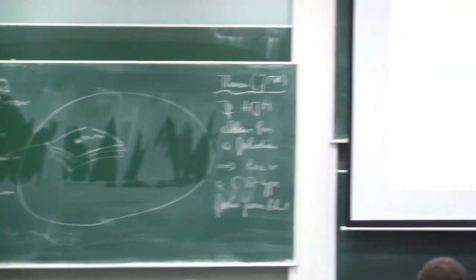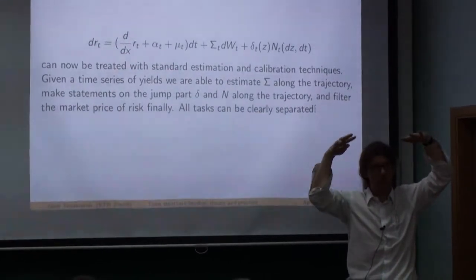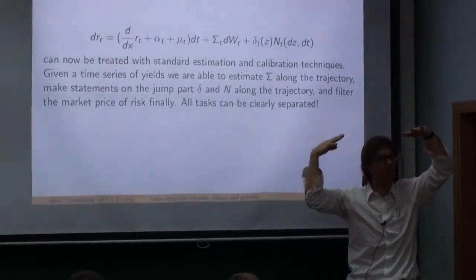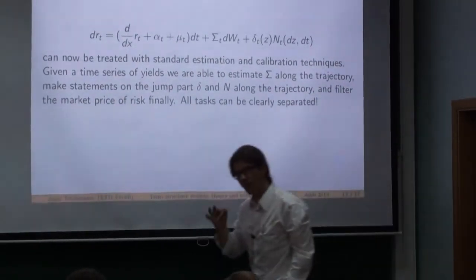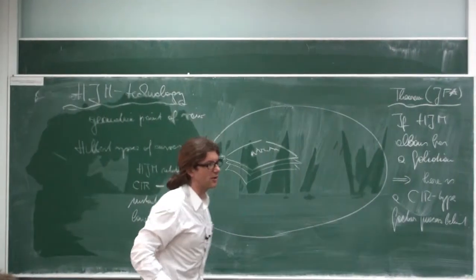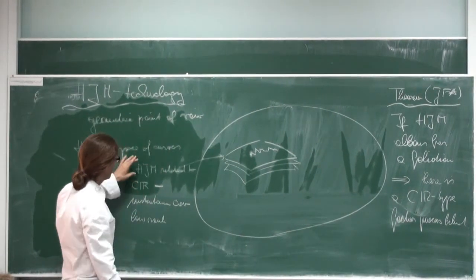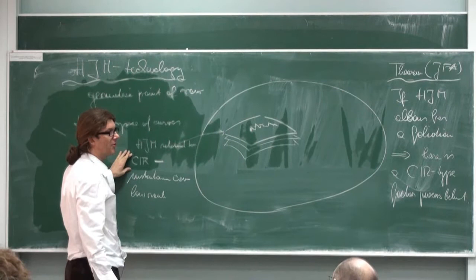If you have a foliation of the Hilbert space where the process lives, then this foliation comes from such a type of square root dynamics, which was funny and completely unexpected. Because you would say you can start with any factor process, but then you cannot associate a Heath-Jarrow-Morton equation on a Hilbert space to it.